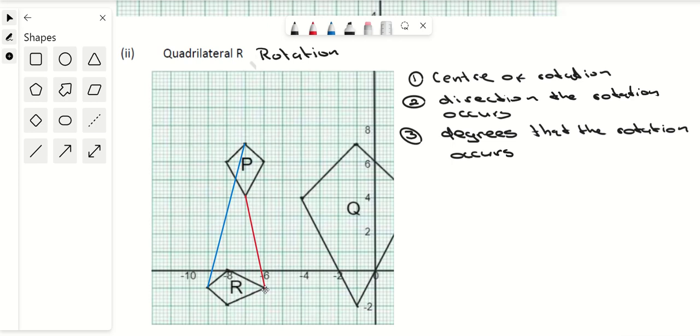Then after that, you are going to use your ruler. Using your ruler is much easier than doing this on the whiteboard that I'm using. For these two lines, you're going to find out where your halfway point is, for the red line and for the blue line.